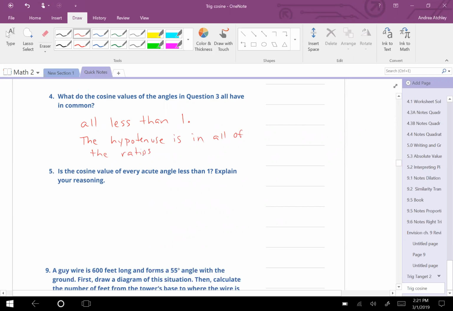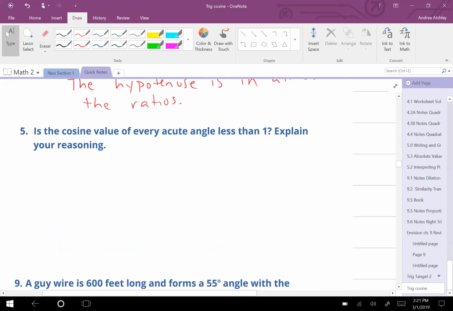Okay, is the cosine value for every acute angle going to be less than 1? Why? Okay. You think because it's an acute angle, that's why it's going to be less than 1? Very good. It's because the hypotenuse is always in the denominator, right? The hypotenuse is the longest side. So you have the longest side always on the bottom.